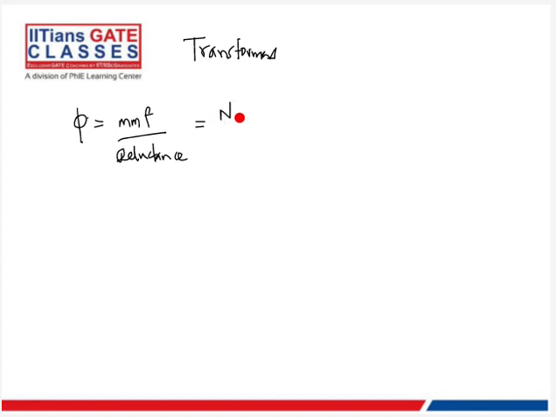So you probably know these concepts already, right? So it is N I, N I_Q, Q divided by reluctance R, right? Basically, this is V. Then there is the direct axis current, and there is the quadrature axis current I_Q, right?